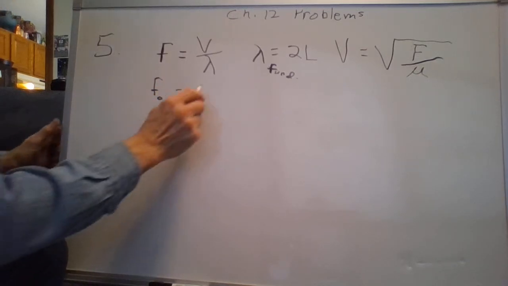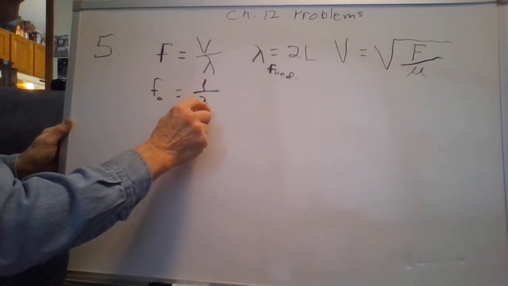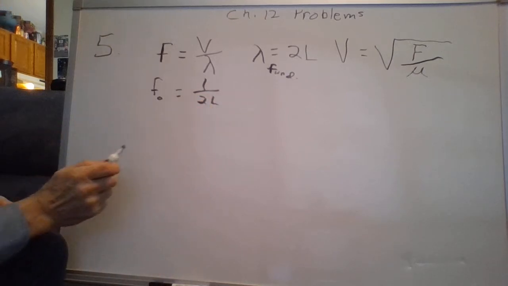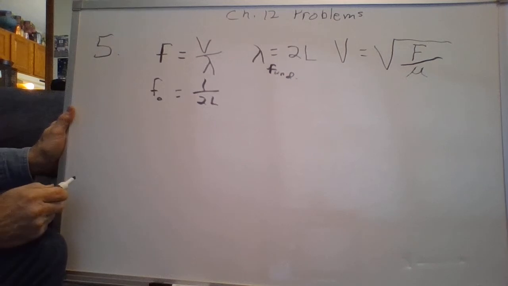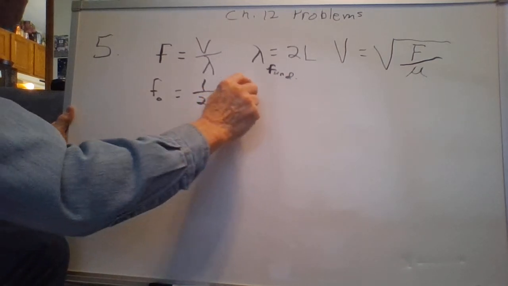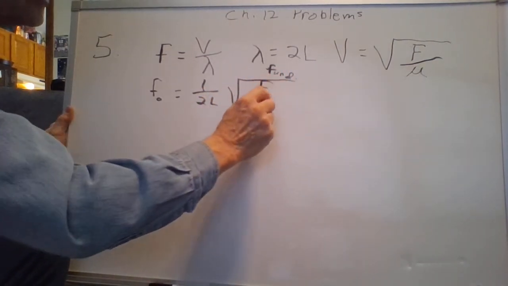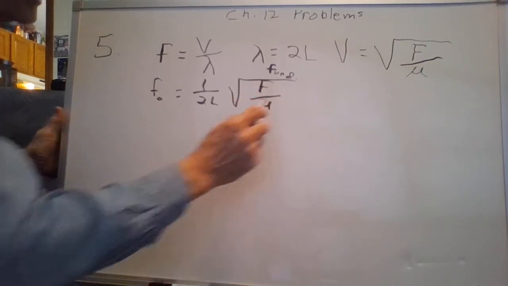It's 1 over 2L, as you can see that, and the velocity then would be the square root of the tension divided by the linear density, mu.